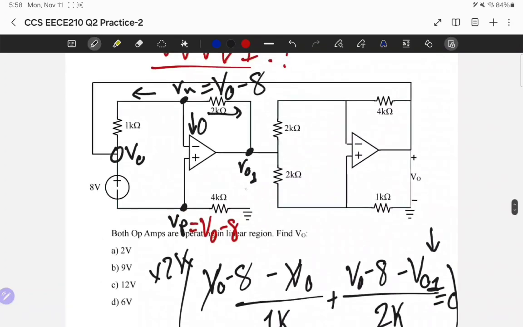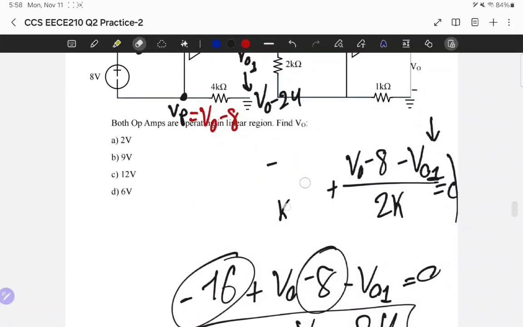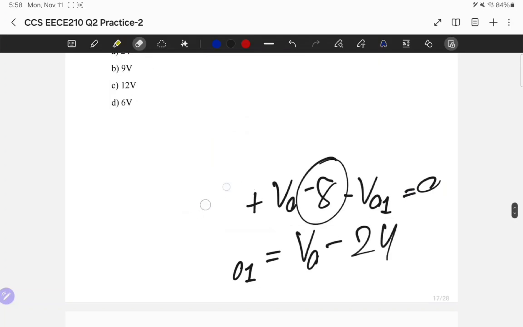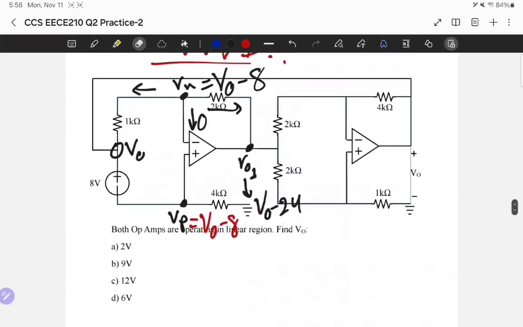So this is VO minus 24 after my KCL. So far, like 99% of op-amp problems are really just node analysis. So VO1 is VO minus 24, and I can carry this node in here, VO1.